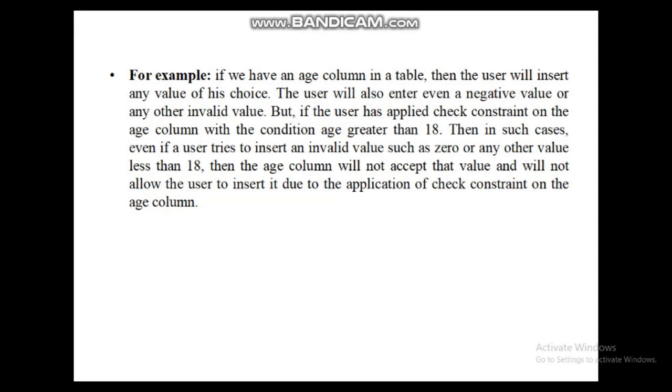I have taken an example here: if we have an age column in a table, then the user can insert any value of his choice, even a negative value or any other invalid value for the column age. But if the user has applied a check constraint on the age column with the condition age greater than 18, then even if the user tries to insert an invalid value such as 0 or any other value less than 18, the age column will not accept that value and will not allow the user to insert it.